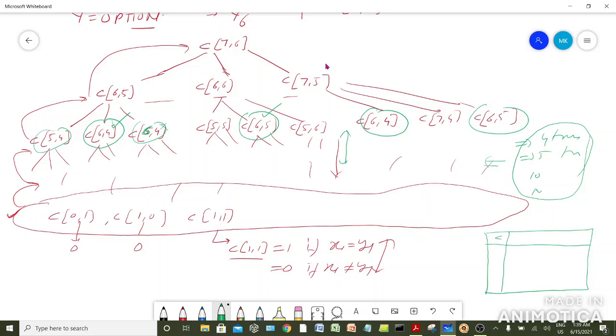Suppose here C of 0 0 was stored, C of 1 1 was stored, then C of 1 2, C of 1 3 was stored. Fine. So for calculating the values at some later stage, these values from the table will be reused.